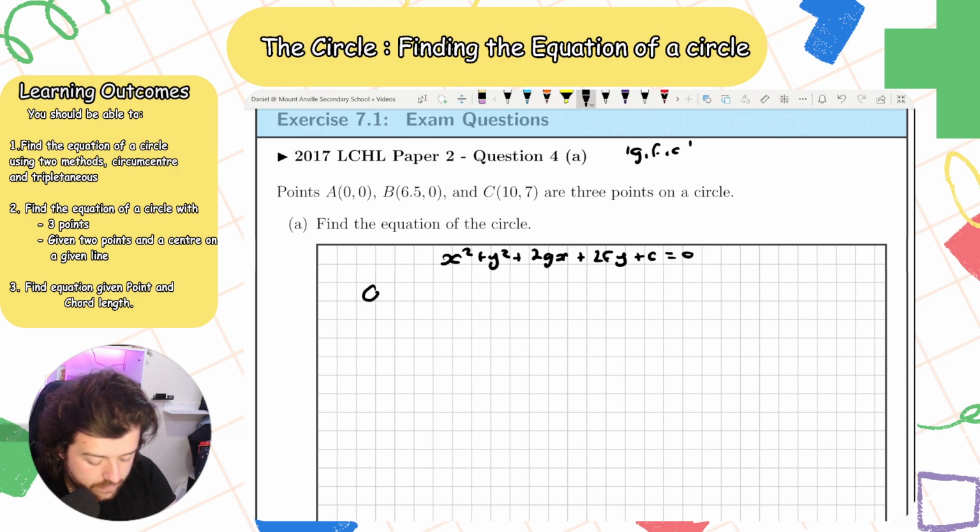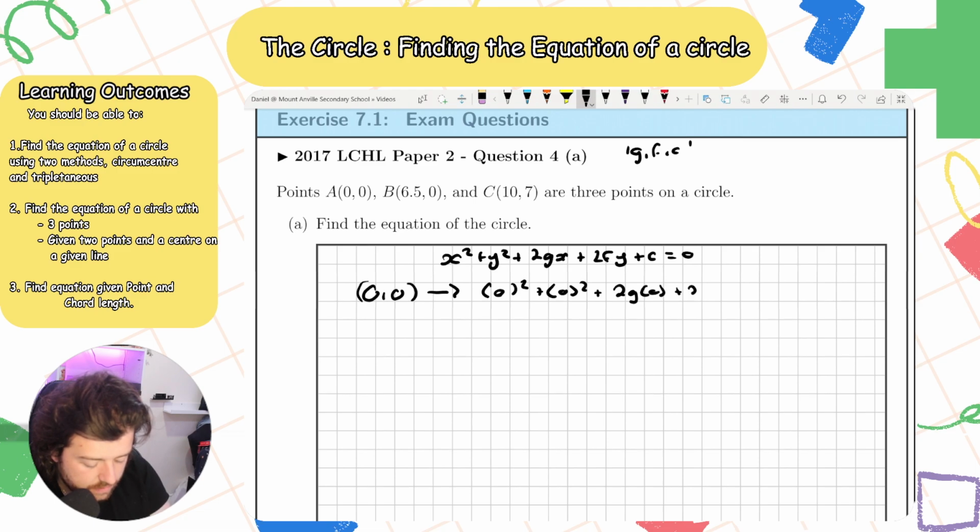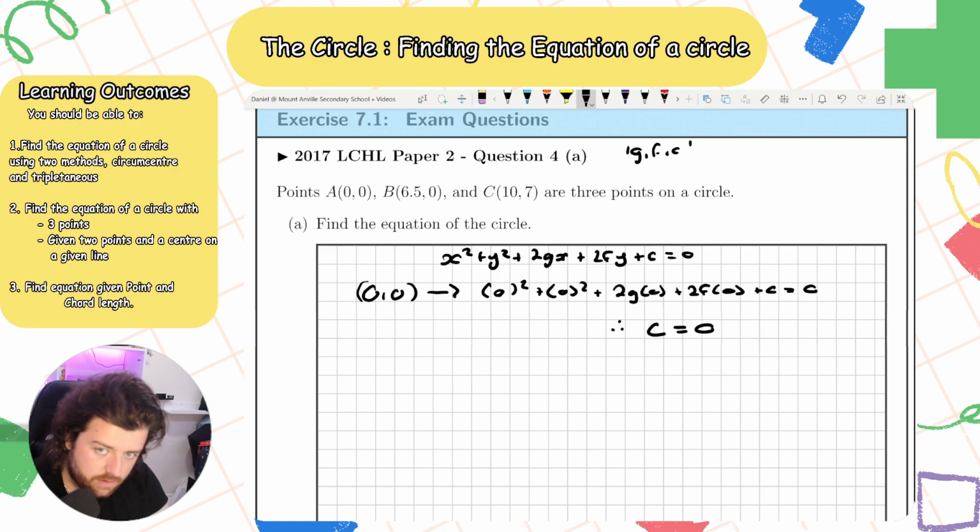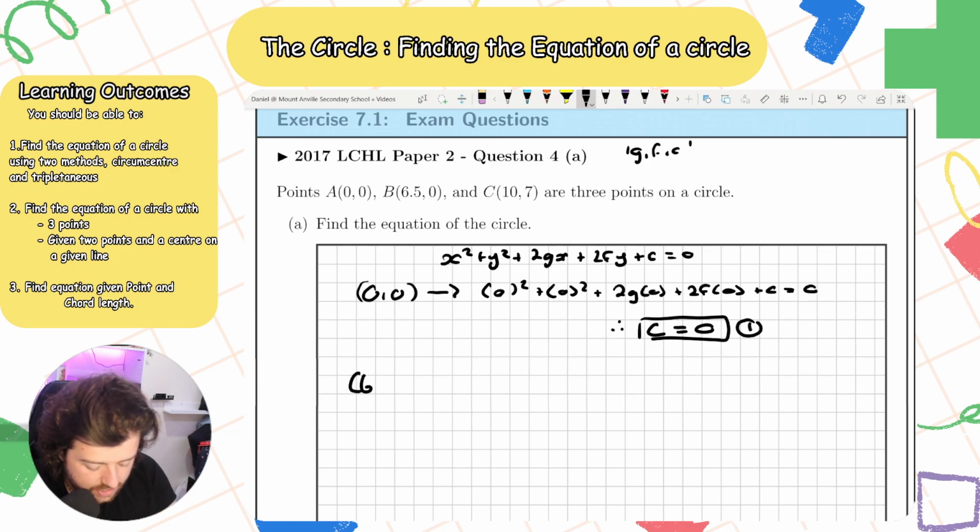So 0, 0: that is 0 squared plus 0 squared plus 2g times 0 plus 2f times 0 plus c equals 0, so c is equal to 0. I already found something right away. Right, next one.